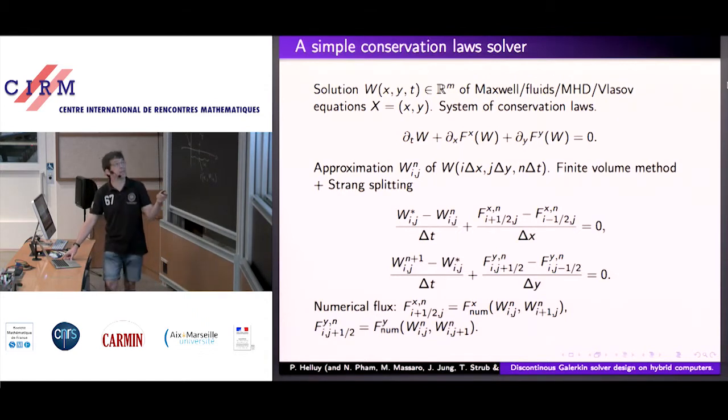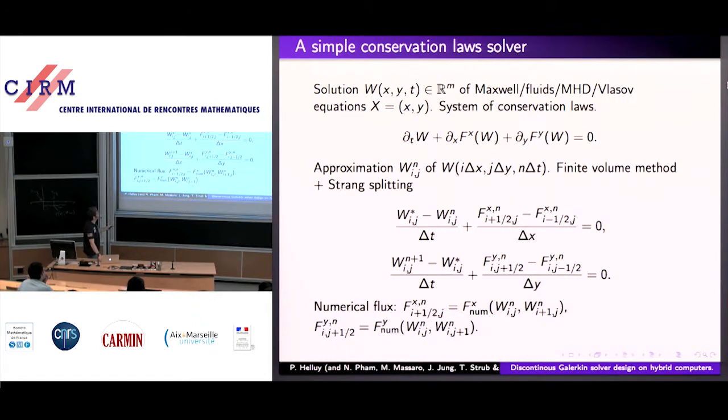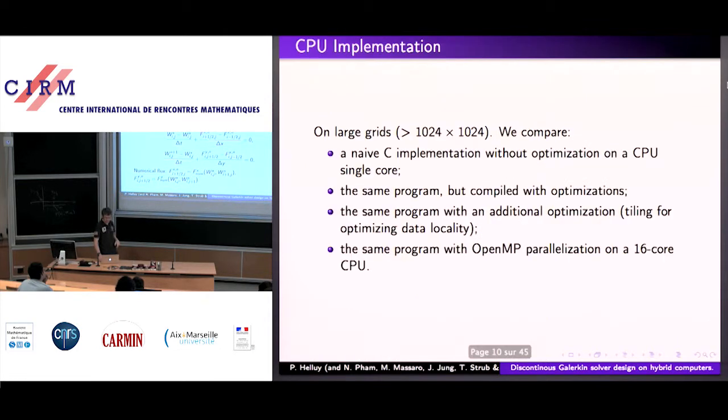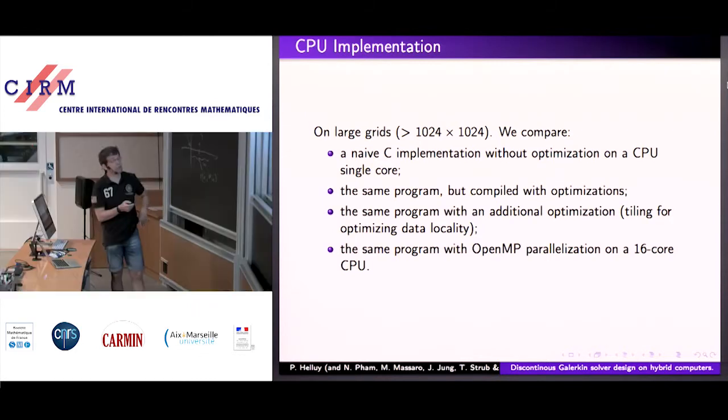So this general formulation is very simple because you only have to solve in one direction and then in the other. And now we program such a scheme on a rather large grid because we will consider a grid greater than this size. And we compare several implementations of the same algorithm.